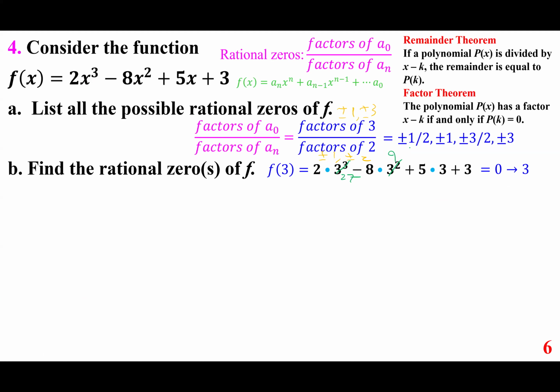This is 9. So we have 2 times 27, 54, minus 72, plus 15, plus 3. It ends up being 0. Because that is the case, one of those rational zeros is number 3, which means this function is divisible by x minus 3.